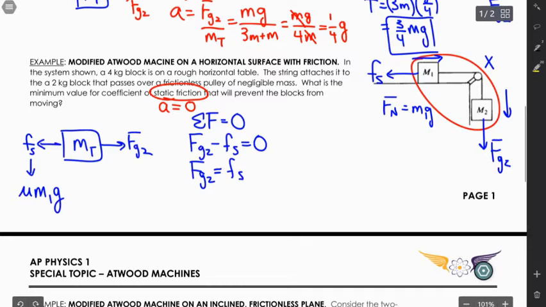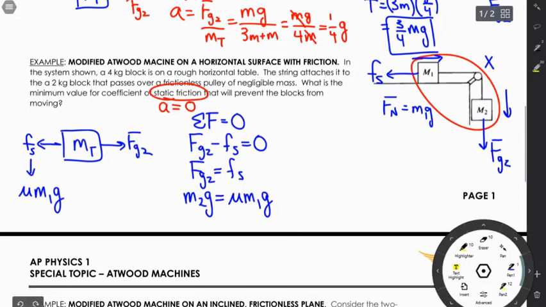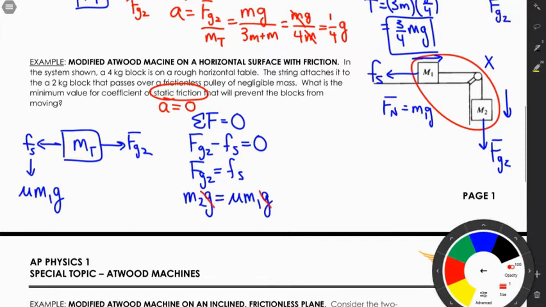So I have M2g equals mu M1g. What can I do with gravity? Right now we're just doing some algebra. Get rid of the g's, and so we have M2 equals mu M1. We're solving this for mu. We're going to divide by what, Caleb?